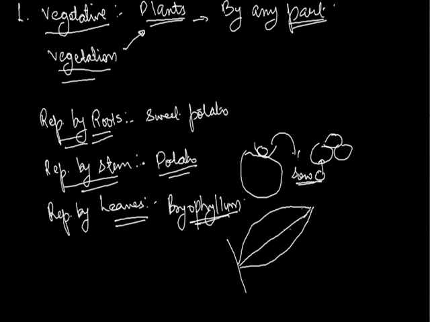Suppose this is a leaf of the bryophyllum, and on the margin of the leaf, some root nodules will generate, and from these root nodules a new plant will form. So this is how, after the generation of the new plant, we can separate these buds from the leaf and sow them into the soil. This is how the new bryophyllum plant will be produced.